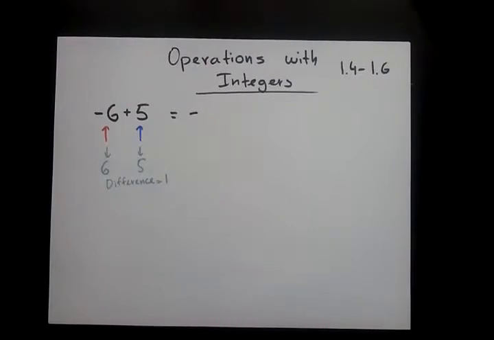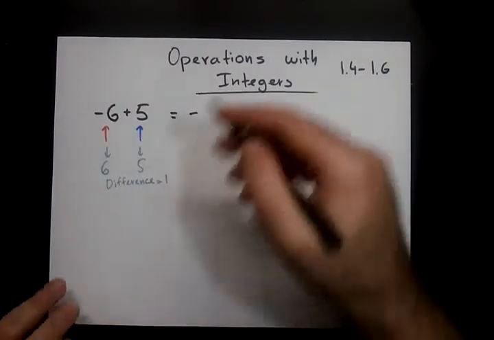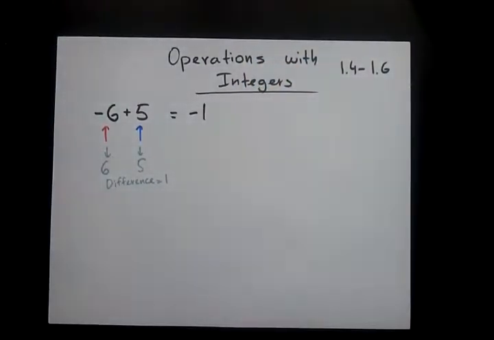So the answer is -1. We figured out the negative by finding the larger numerical integer and using its sign, and then to find the actual value we take the difference of the absolute values of the 2 integers, and in this case that is 1.